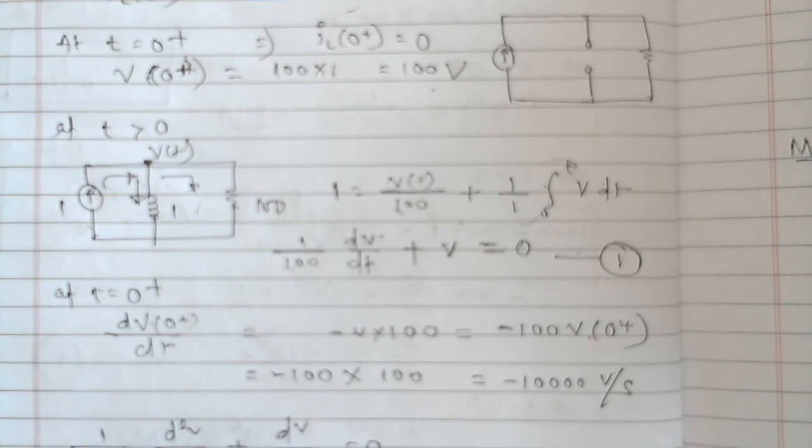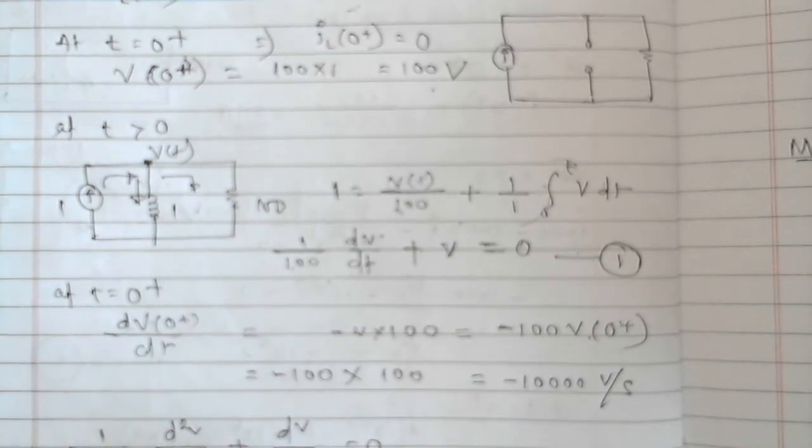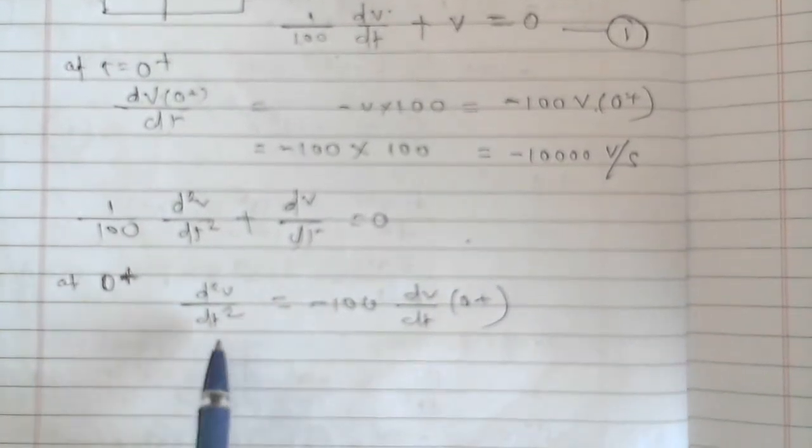Okay, so at 0 plus, the equation will become d square v by dt square equal to minus 100 dv by dt at 0 plus, because this will come on this side with a minus sign, and this denominator will come over here. Okay, so this is the condition.